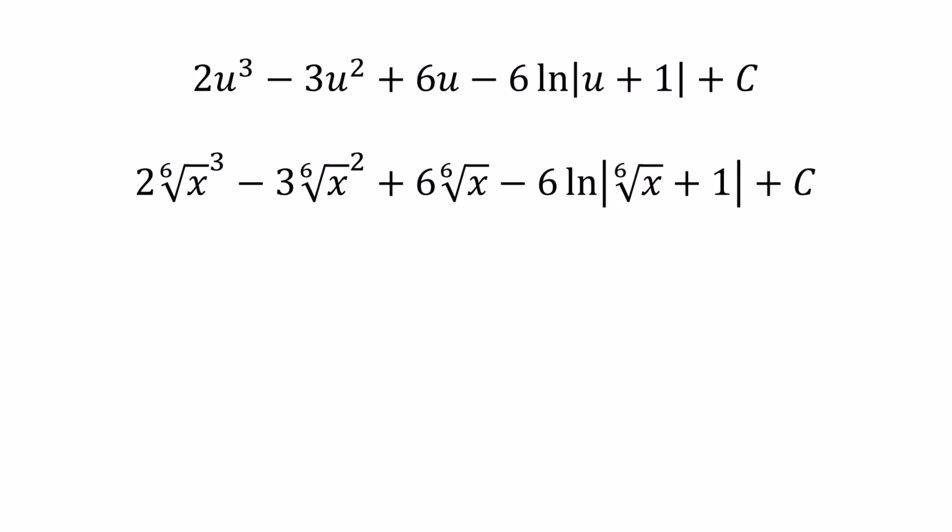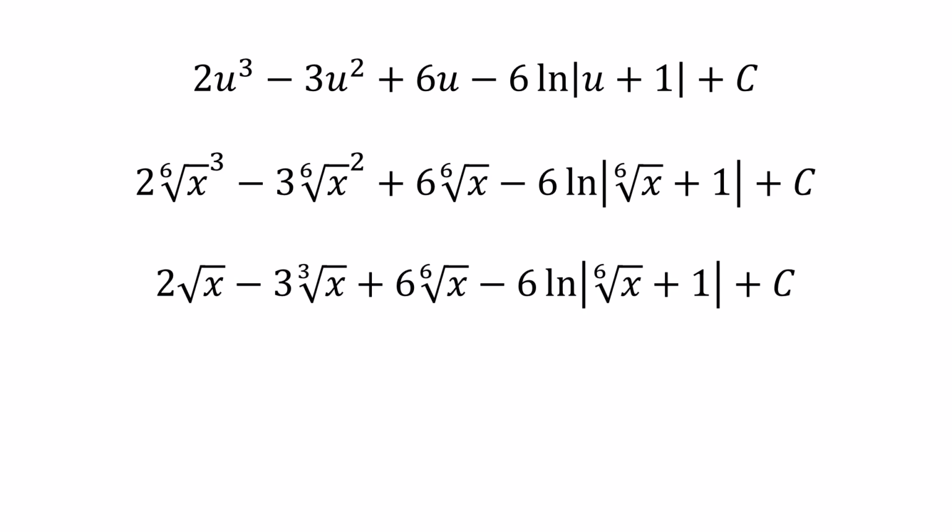Simplifying the roots, we arrive at a final answer of 2 root x minus 3 times the cube root of x plus 6 times the 6th root of x minus 6 ln absolute value of the sixth root of x plus 1 plus c.